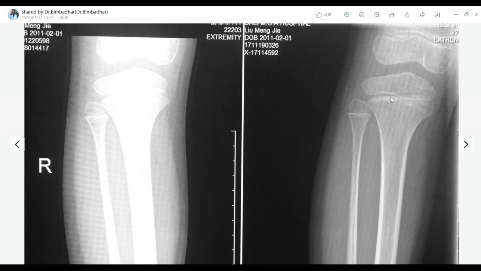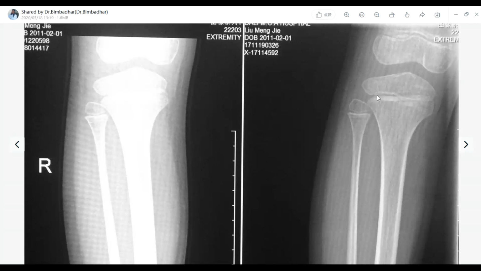That's the reason I wanted you to learn the anatomy of the bones first. You see here a hyperlucency seen immediately after the epiphysis of the bone, and here is the metaphysis. The metaphysis is the continuation to the diaphysis.